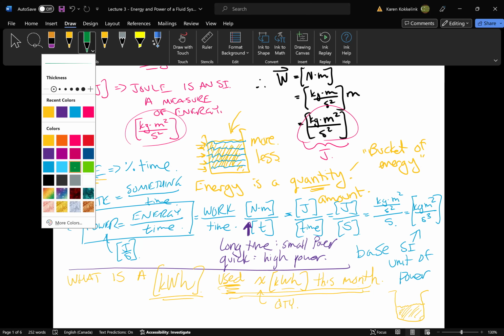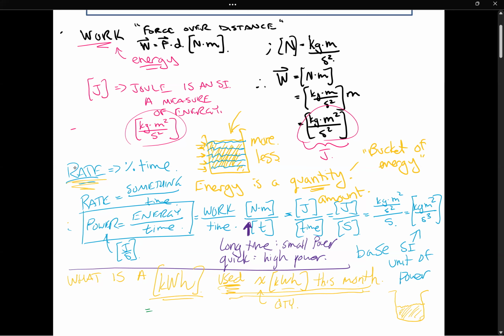So let's take a look at that. So we know what a watt is. Did I say what a watt was here? Oh, sorry, I should have gone back here and said a joule per second classically is what a watt is. It's a joule per second. So in this application, I'm going to look at the base SI units here.